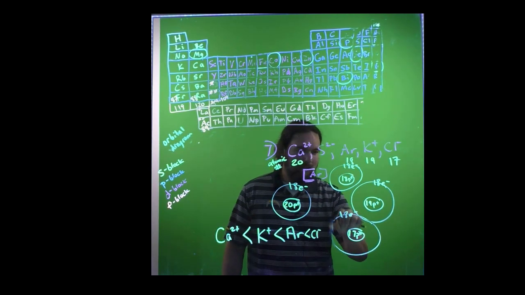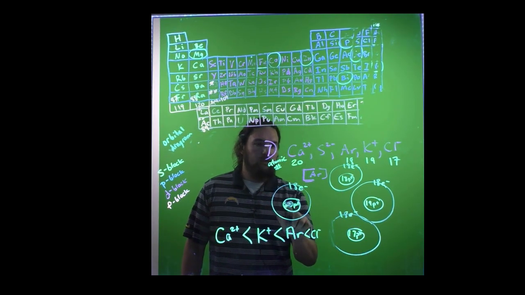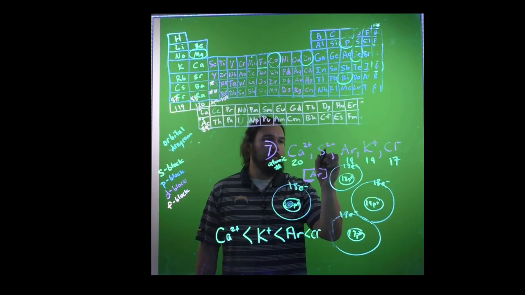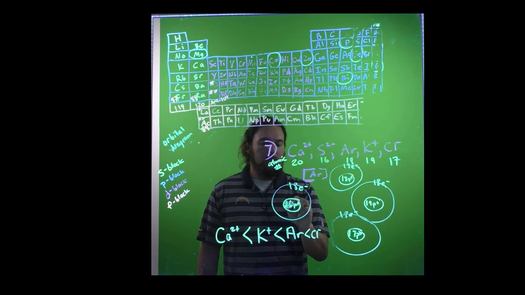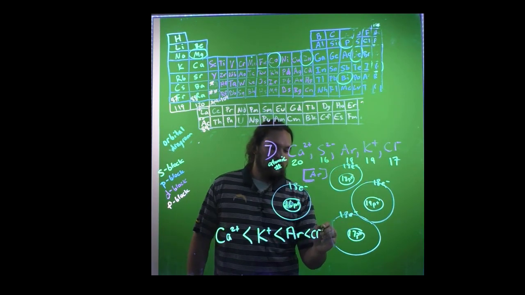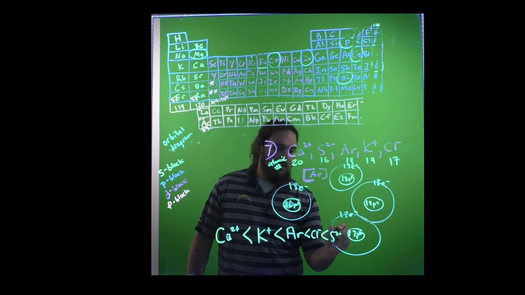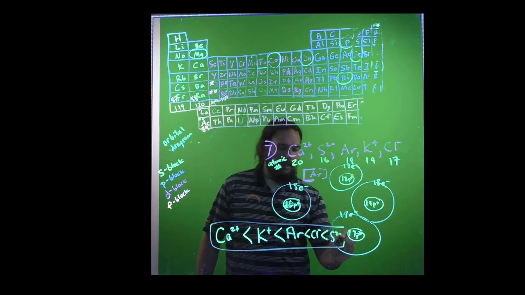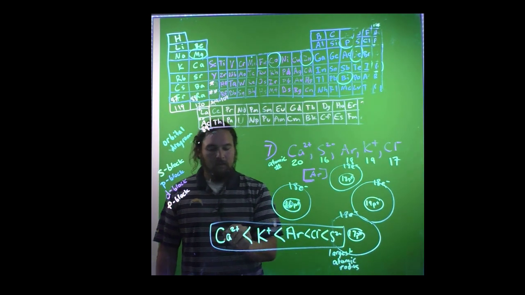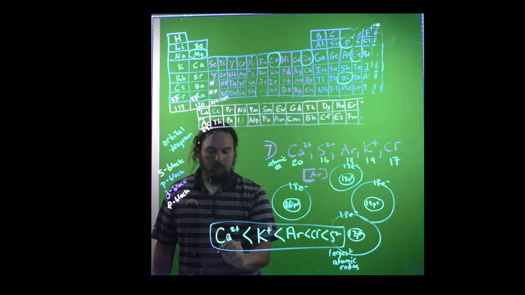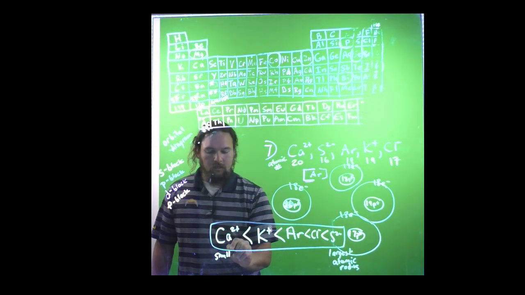And then if we look at sulfide, it would have 16 protons pulling in 18 electrons. So those would be spread out the most. So sulfide would be the biggest, the largest atomic radius, and calcium 2+ would be the smallest.